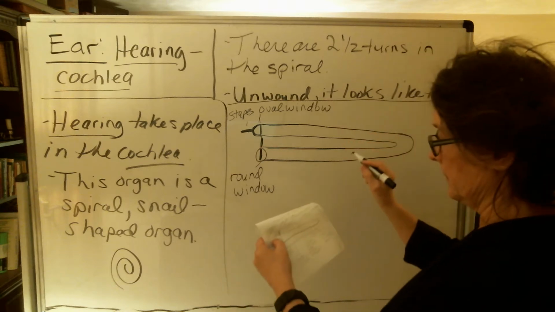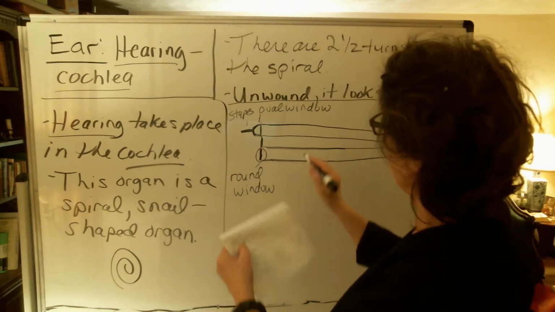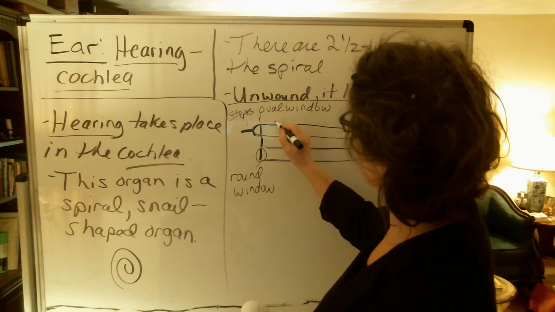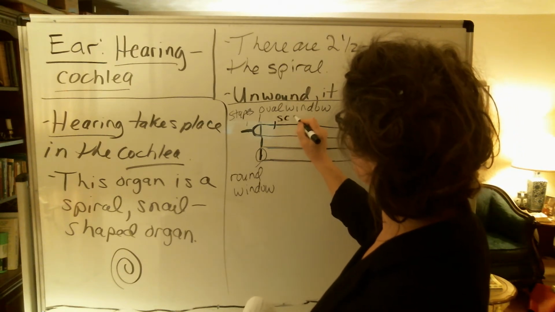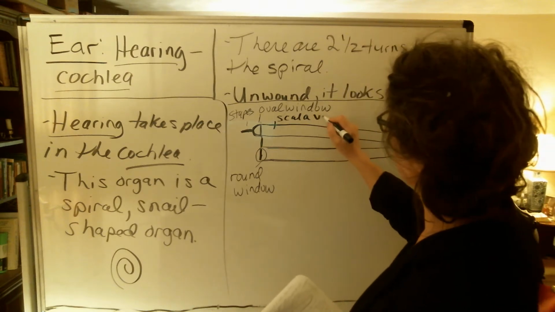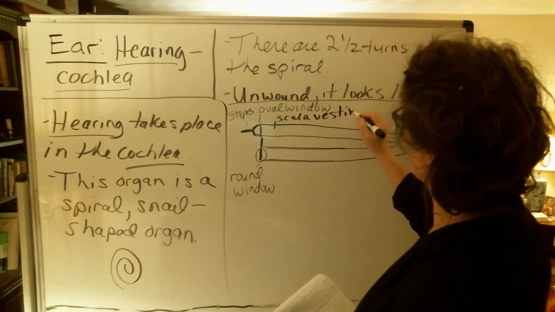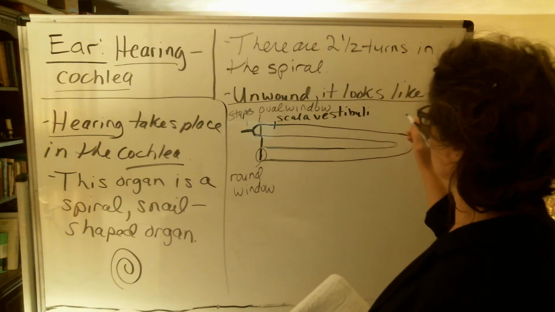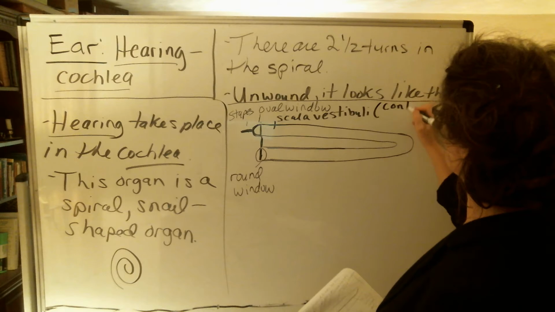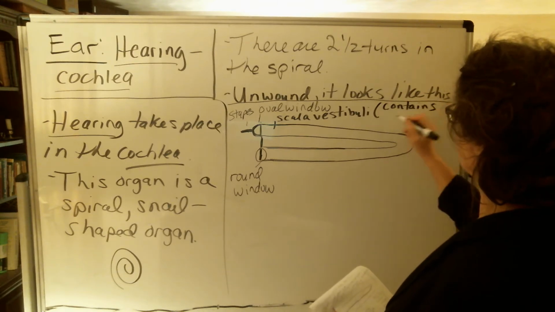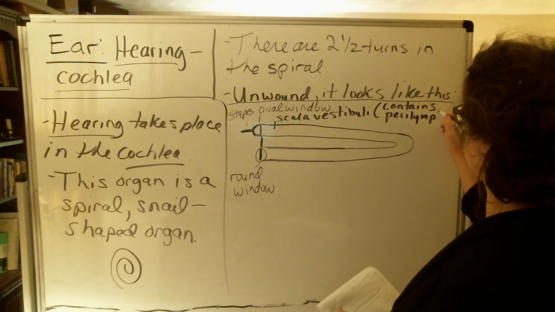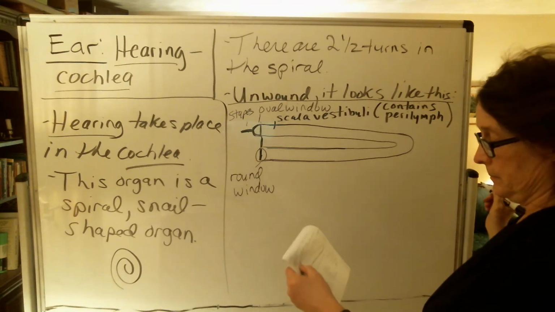So then this tube up here, this is the scala vestibuli. And this contains perilymph.